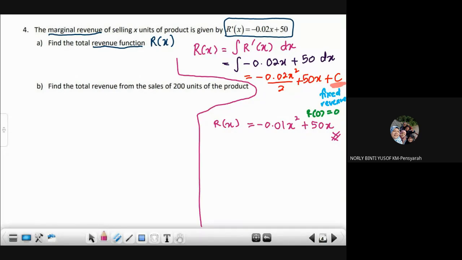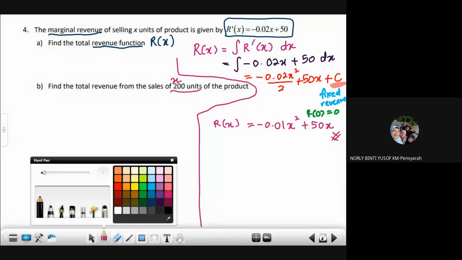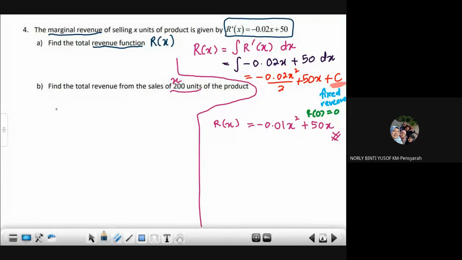Okay, so untuk A dah cari total revenue function, that means your R(x) lah. Okay, B, find the total revenue from the sale of 200 units of the product. That means this is your x lah. So you dah ada revenue function, you just need to sub inside the function for the value for x. Negative 0.01, 200 squared plus 50 times 200.